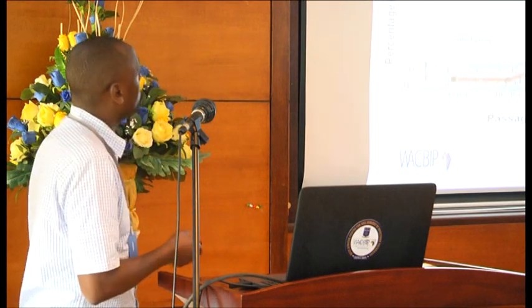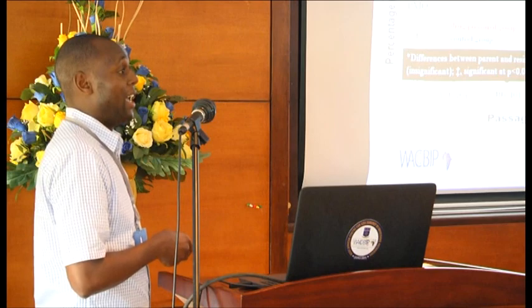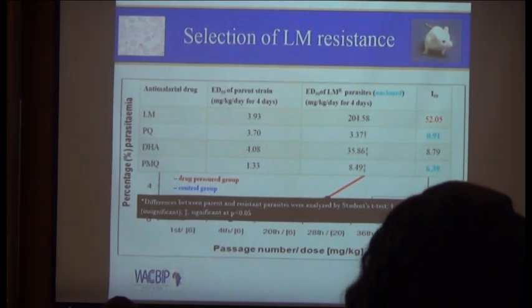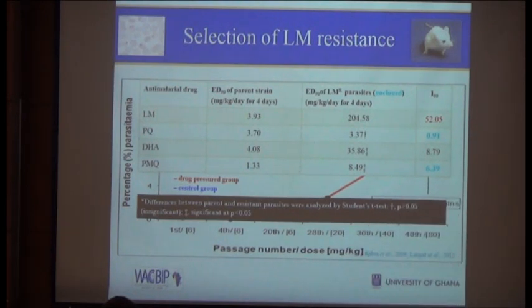So this means that we had a resistant parasite, but this is an uncloned parasite. But the most interesting bit was we wanted to test how this lumefantrine-resistant parasite responds to mechanistically and chemically related and also unrelated drugs.